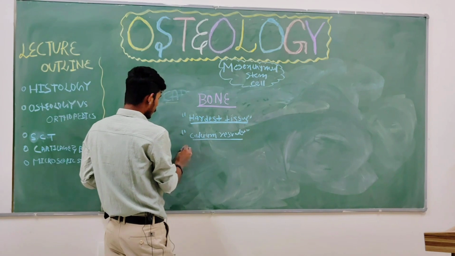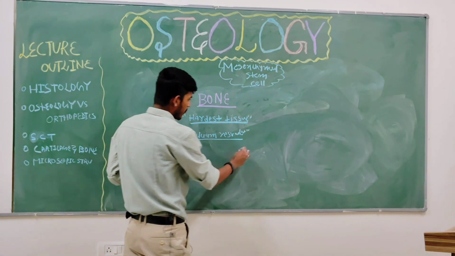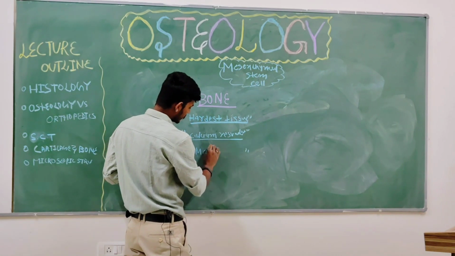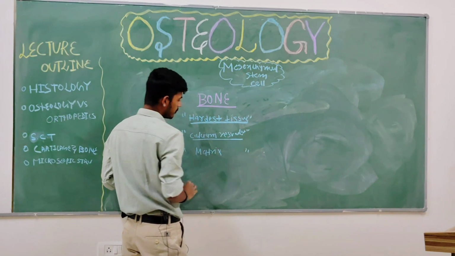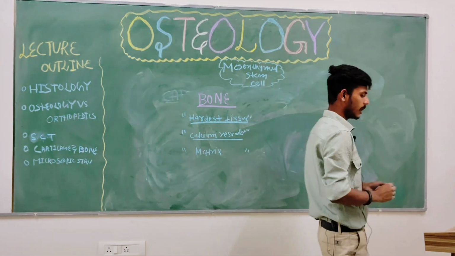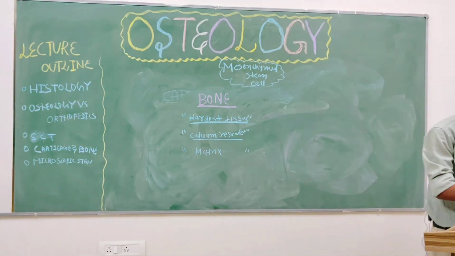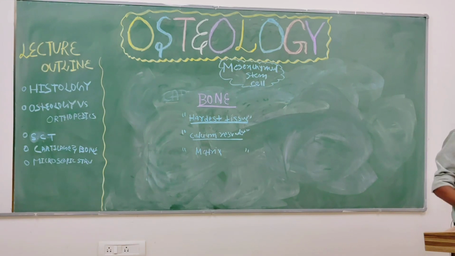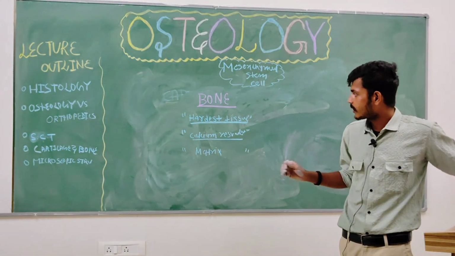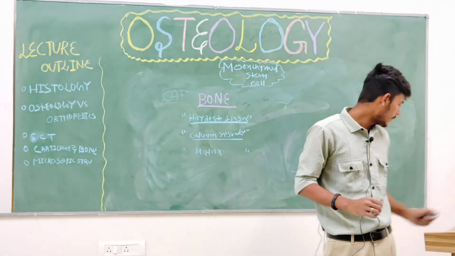Now bone is hard due to its matrix, understanding, no problem. Now once you understand about the bone, I already told you about the bone cells, the osteoclast, osteoblast and osteocyte.